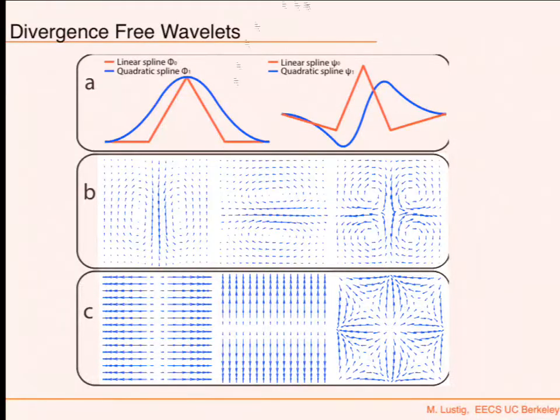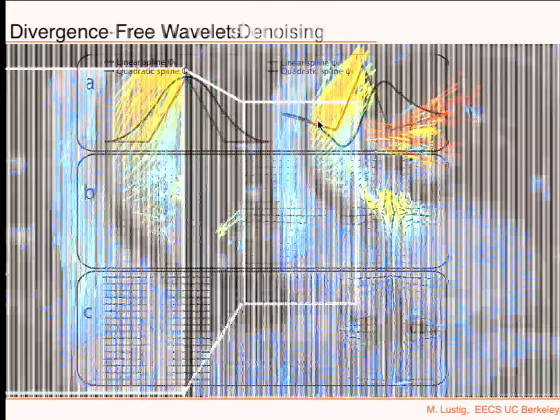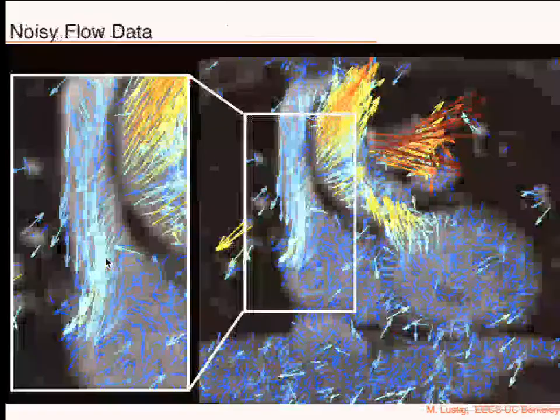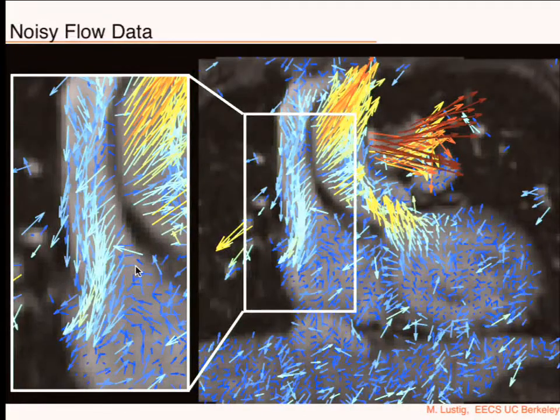So we use these wavelets that have the property of always representing divergence-free or non-divergence-free components. And this is just by choosing those wavelets. And after you do this decomposition and you do the denoising, this is what you get. Okay, so a much better approximation. Whatever flows the right way, as opposed to here where it's going to be really, really noisy.